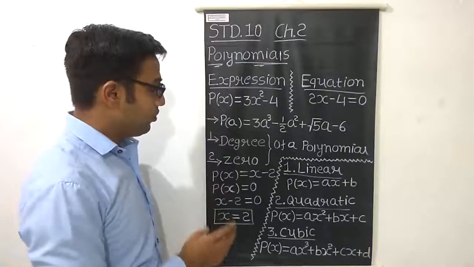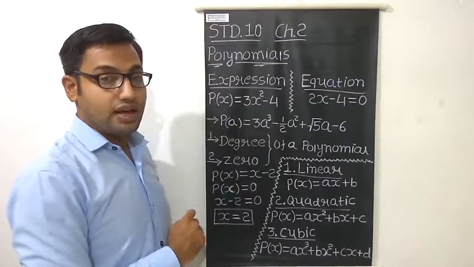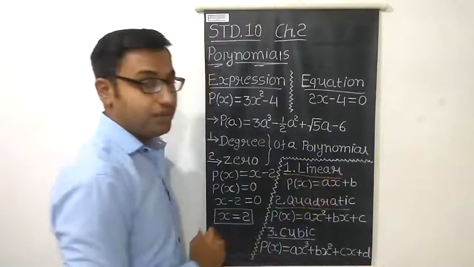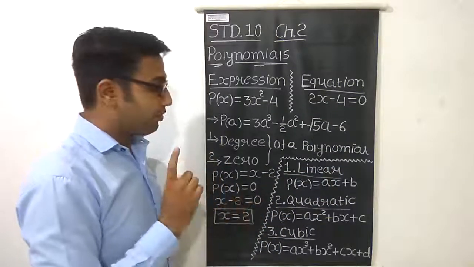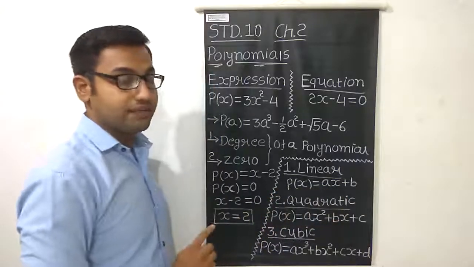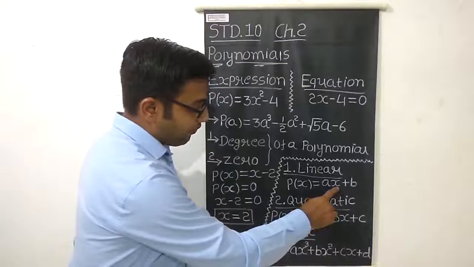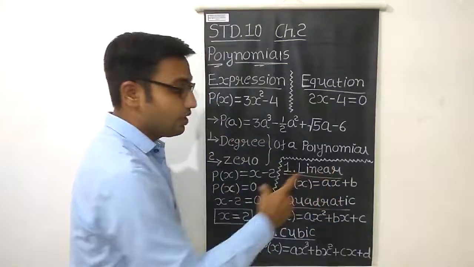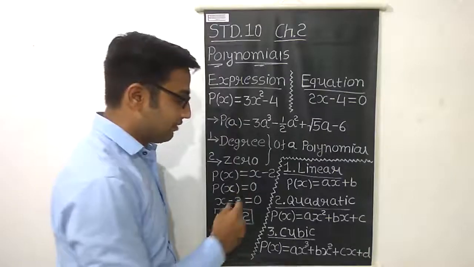Now, based on the degree, there are three types of polynomials. One is the linear polynomial. The standard form of the linear polynomial is p of x is equals to ax plus b. See here, the power of variable x is only 1. That is why it is called a linear polynomial.